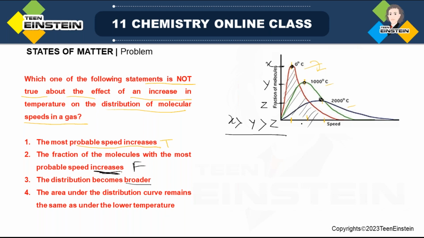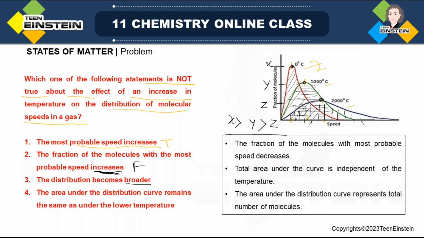Next you are considering the green line, there will seem to be some different total area. When you are considering the 2000, there will seem to be a different total area. But whatever it is, it is always the same. And that point is already mentioned when I discussed the Maxwell-Boltzmann distribution. So the fraction of molecules with most probable speed decreases, not increases. So this is not true.